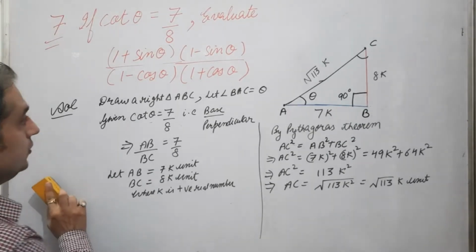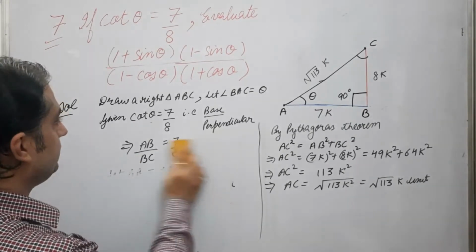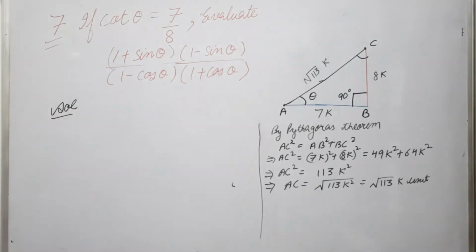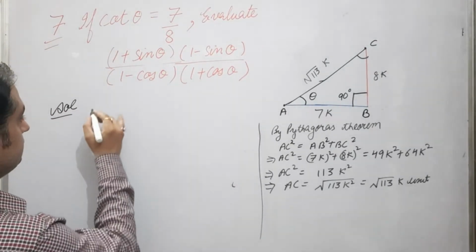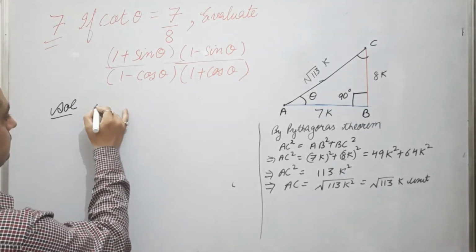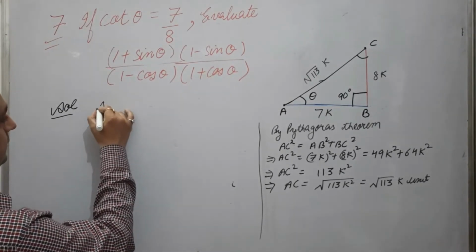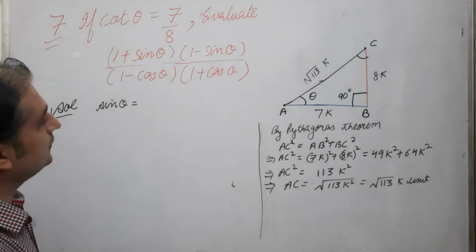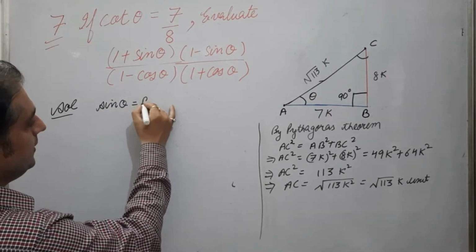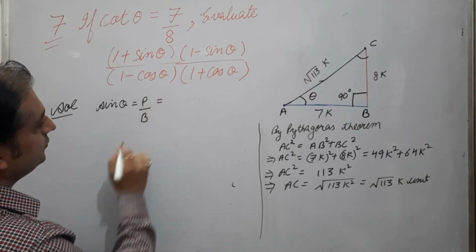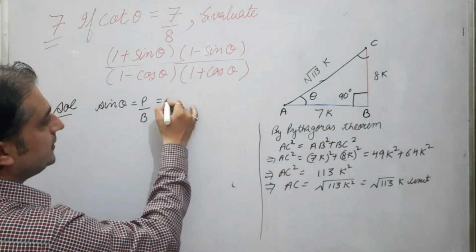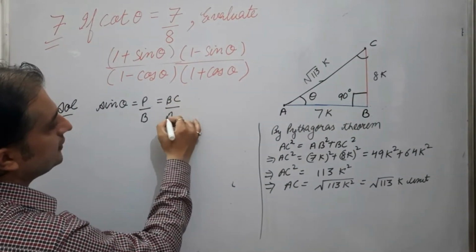Right? So for this we find sine theta. Sine theta is perpendicular upon hypotenuse. Perpendicular is the opposite side BC and hypotenuse AC.